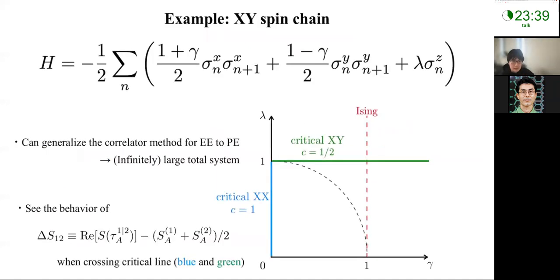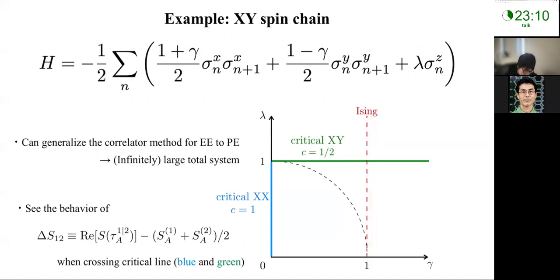Okay, so from here, let's go to the concrete example. Here I'm writing the Hamiltonian for the XY spin chain. We have two particular parameters, gamma and lambda. For specific gamma and lambda, we have various types of models. For example, if we take gamma equal 1, we have the transverse Ising model.